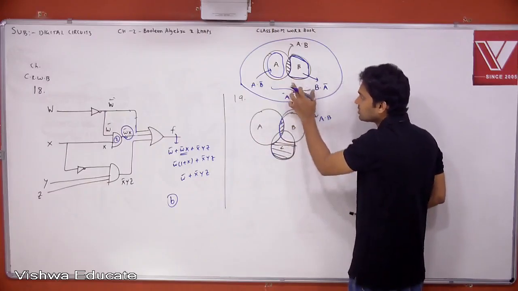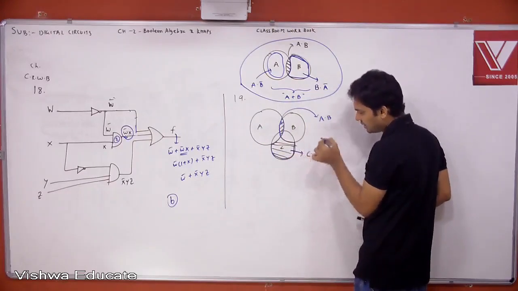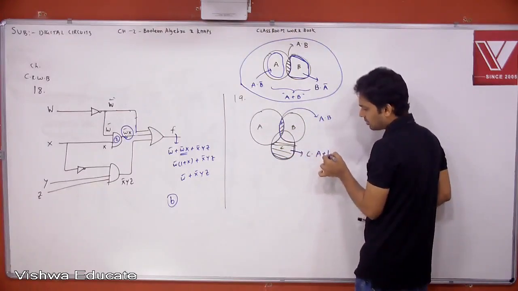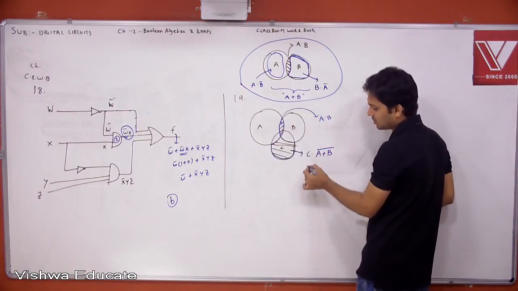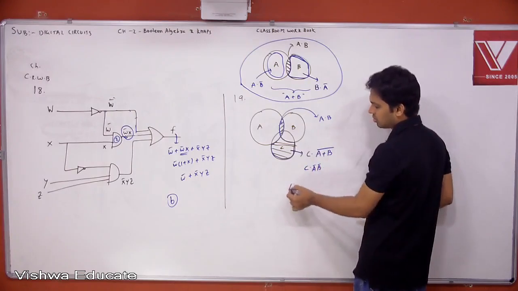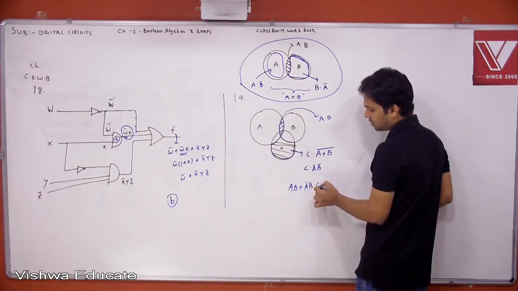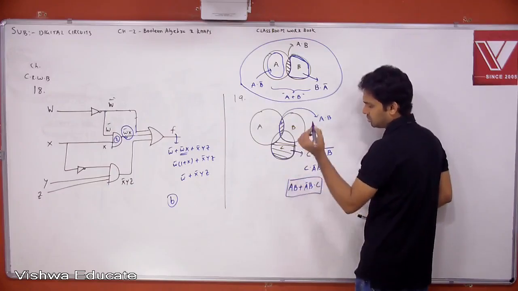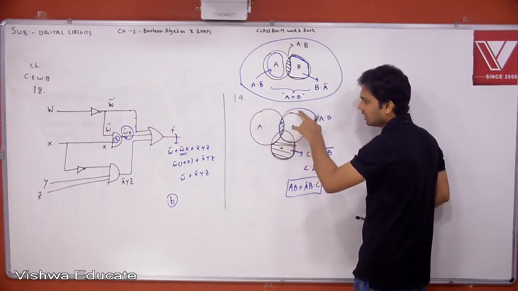The remaining is called A plus B. So you can say it is in C but not in A plus B. Not in A plus B means A plus B whole bar, that is C into A bar B bar. So what is the answer? AB plus A bar B bar C. So this is AB. This is in C only but not in A or B.